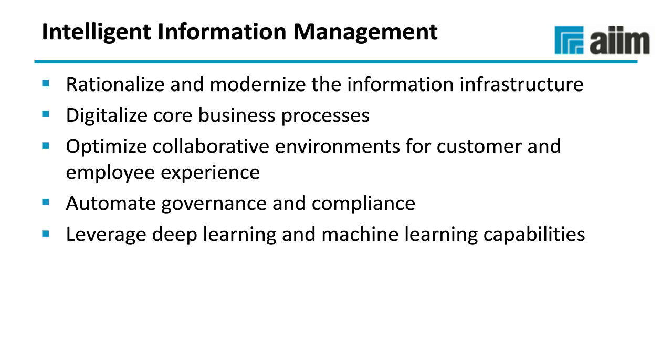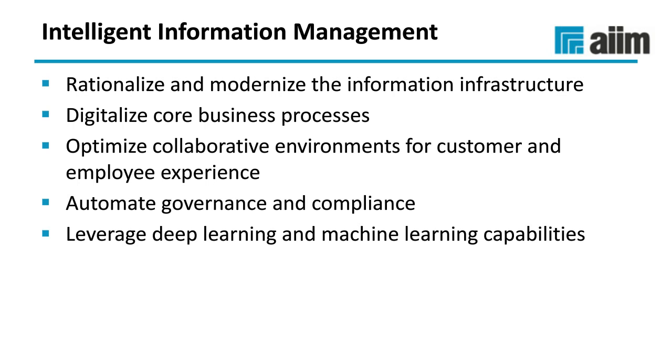And it comprises these different elements: rationalizing and modernizing the information infrastructure, digitalizing core business processes. When you look at your own businesses, think about how many manual business processes still exist in your own organization. How many manual things are still happening there.